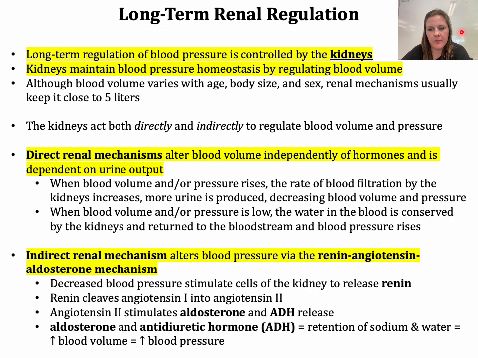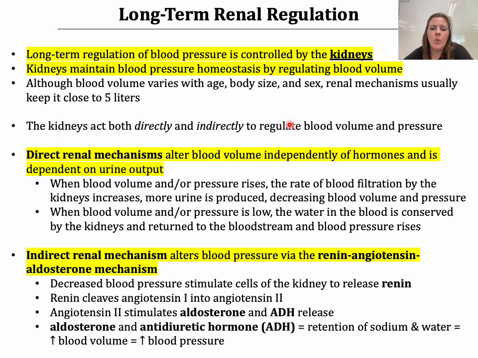Then for long-term regulation, this is dependent on the kidneys. The kidneys are responsible for filtering our blood, around 150 to 180 liters of blood a day. That's just amazing, right? Always filtering the blood, so it's very intimate with it, and it can always sense and detect any changes in blood pressure, and is responsible for regulating that in the long term.